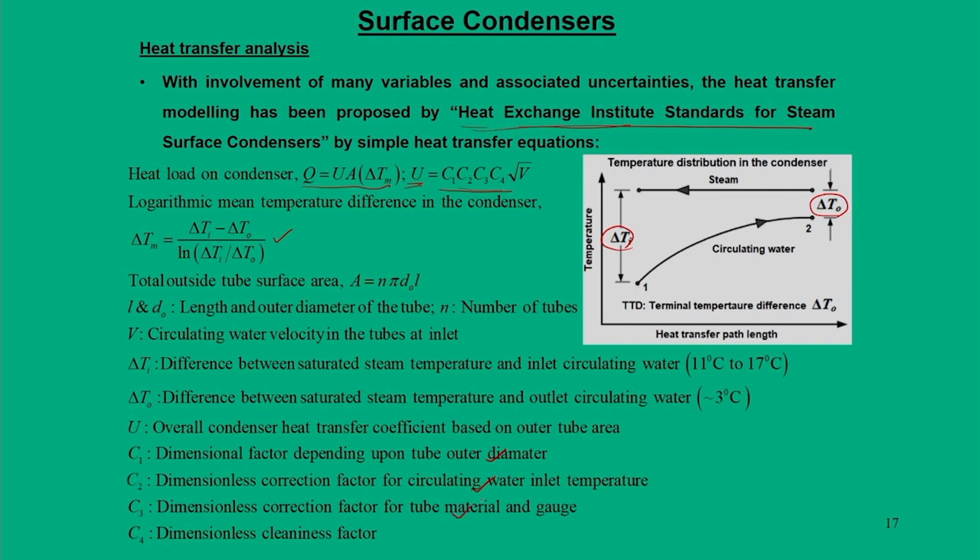The third factor is tube material and gauge. The fourth factor is cleanliness, and U is proportional to the square root of velocity. So, U is equal to C1, C2, C3, C4 times square root of V. If you are interested in designing a steam condenser, then we have to look into all these parameters, and then accordingly we can calculate the overall heat transfer coefficient. However, in our course this value will mostly be given for the condenser calculations.